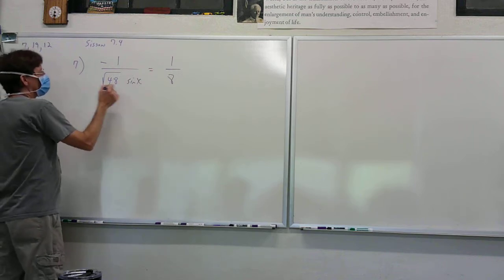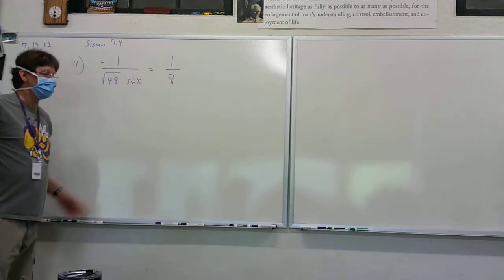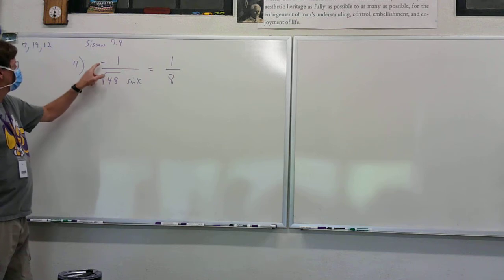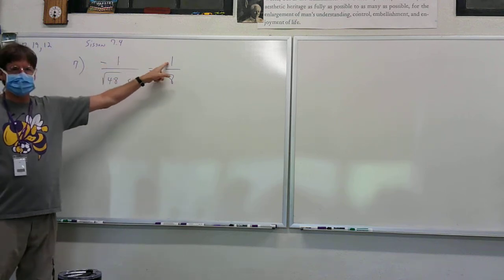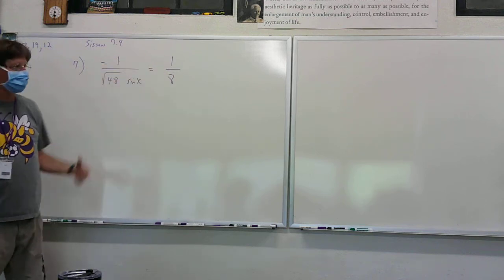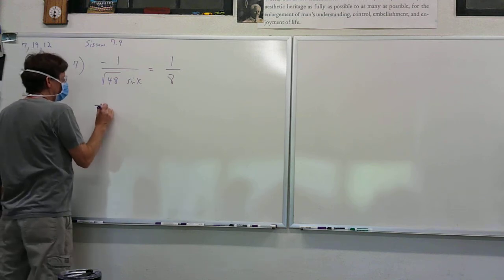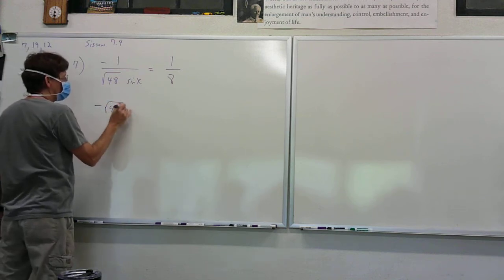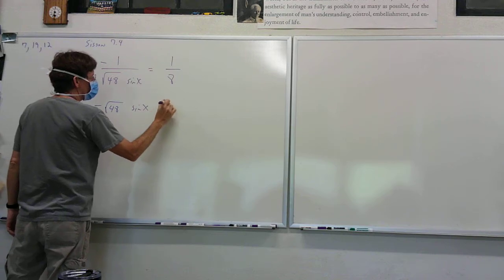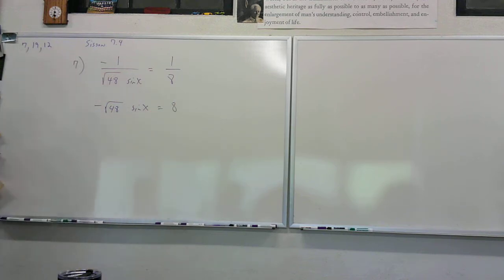Or you might realize that these two denominators are going to have to be equal with the negative sign because the two numerators are equal, right? But if you take the reciprocal, you get negative square root of 48 sine x equals 8. I keep looking at square root of 48, and I keep thinking that would reduce.